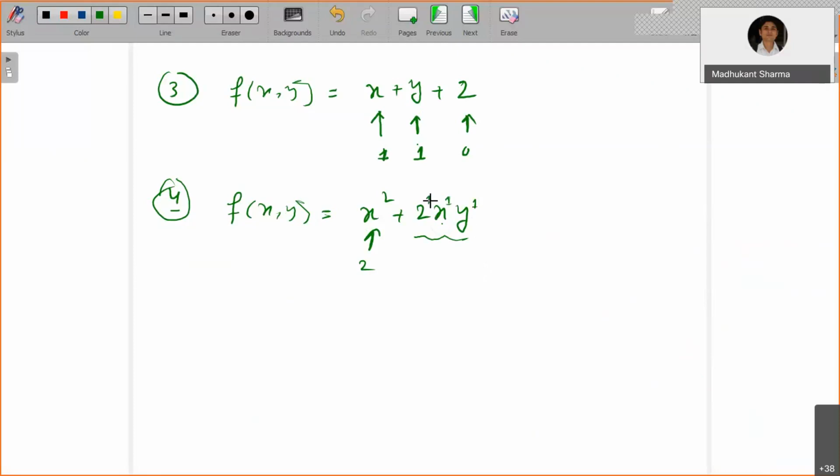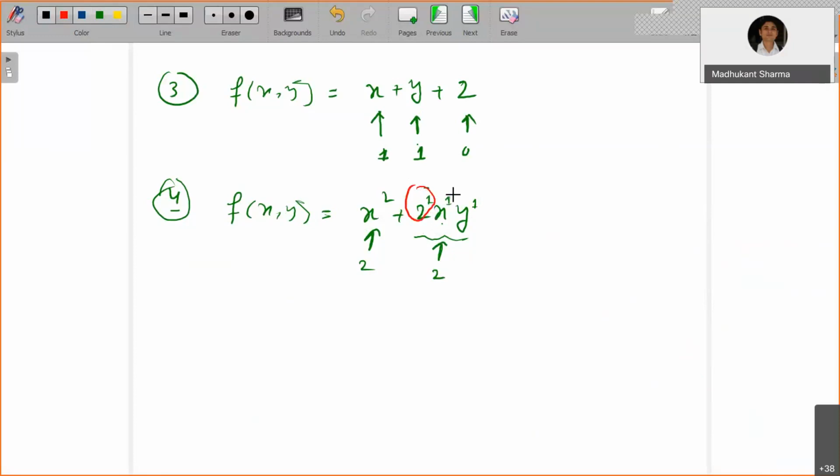I am going to say that this is of degree 2 because the constant doesn't matter. Whether the constant is in a product with variables or not, it is always taken as degree 0.